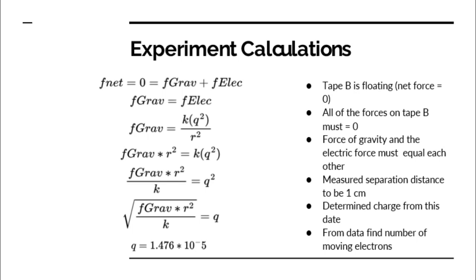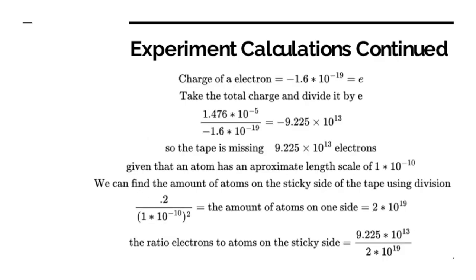We can do more than find just the total charge on a singular piece of tape. We can also find the number of electrons displaced by the process of charging the tape. If we know the charge of a single electron, which is negative 1.6 times 10 to the negative 19, and we divide the total charge by that, we get the approximate number of electrons displaced on a singular piece of tape.